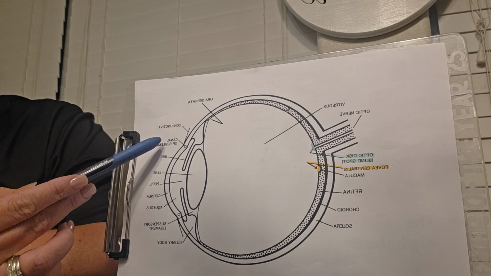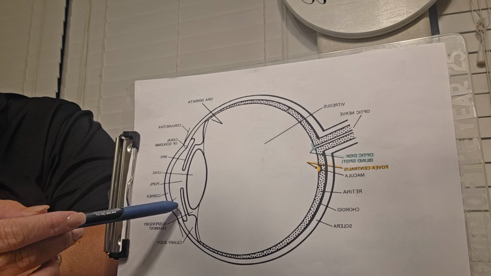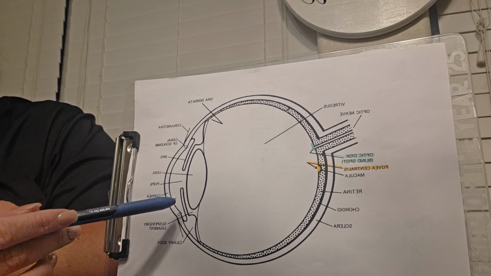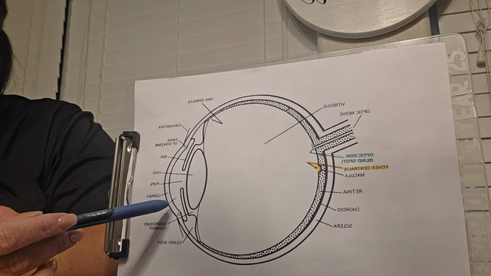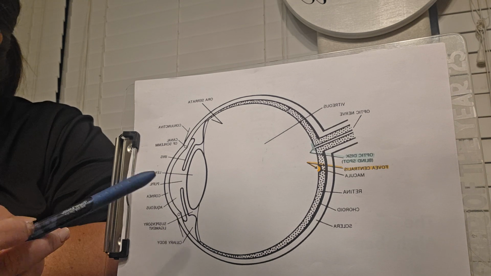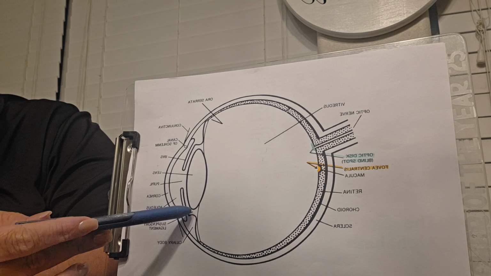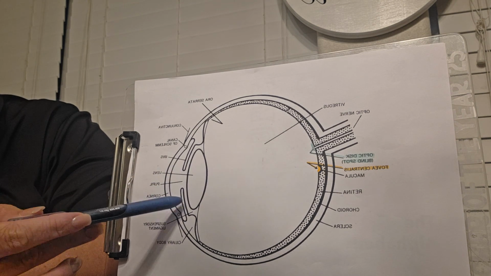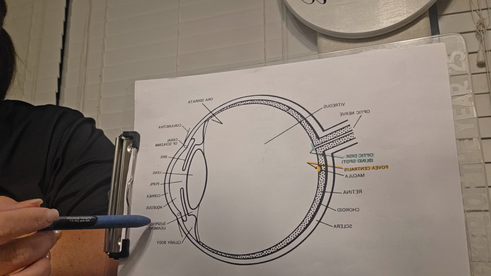It filters out the aqueous humor that is located here in the front anterior segment of the eye. The aqueous is a watery substance that fills the chamber behind the cornea. So all in this area here is where we're going to find the aqueous in the front of the eye.